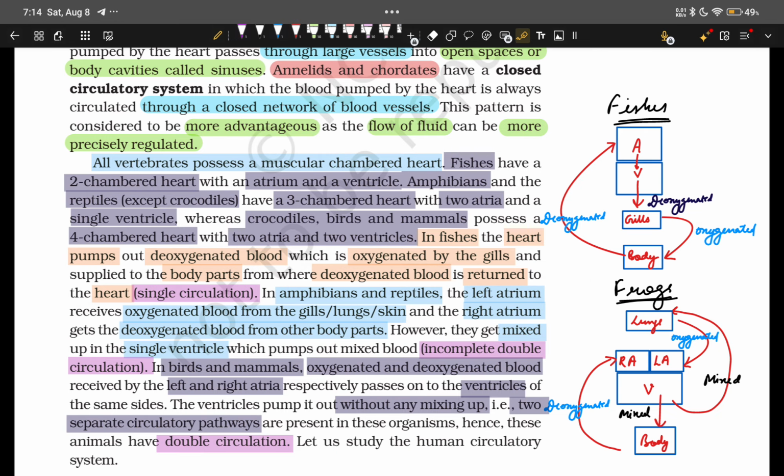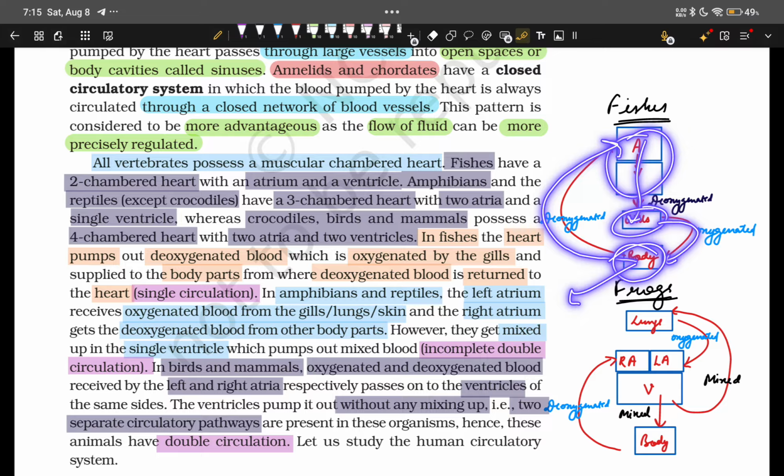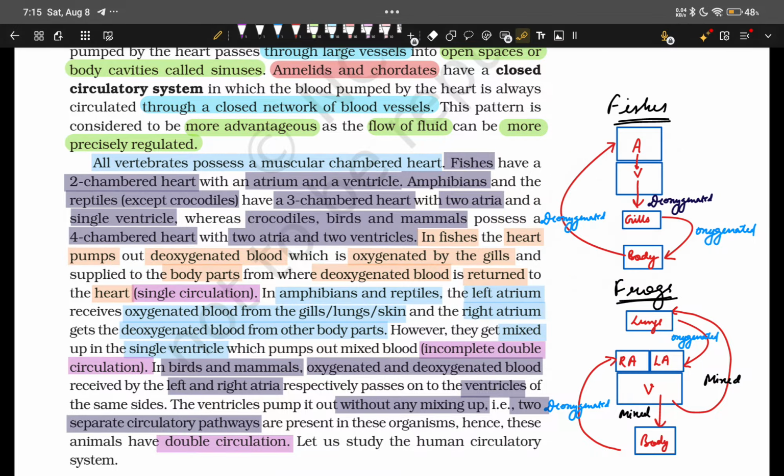The body is where carbon dioxide is generated, which makes the blood deoxygenated. So the blood only passes through the heart once, and therefore it is called single circulation.